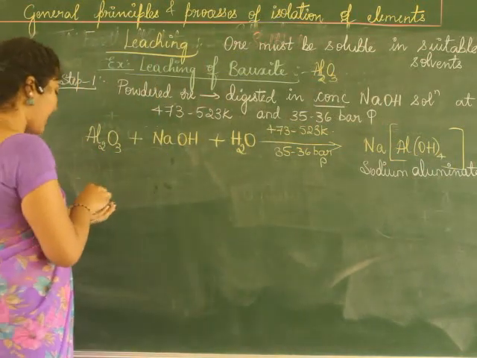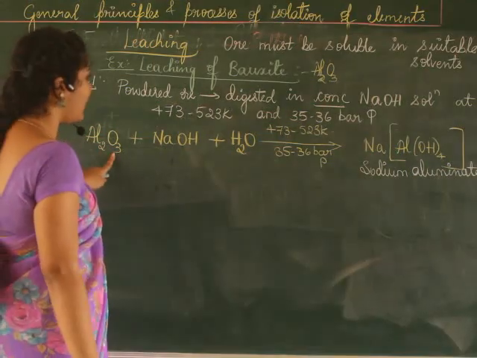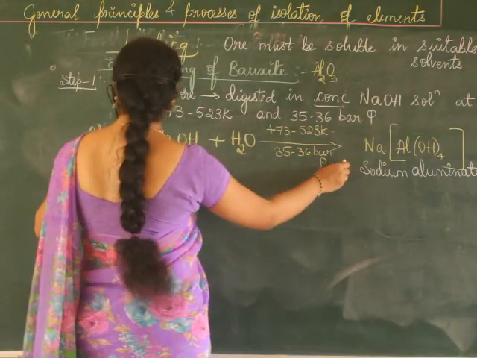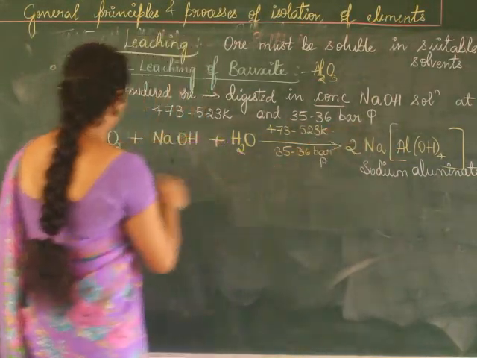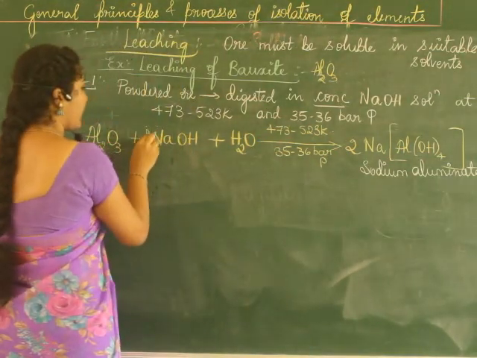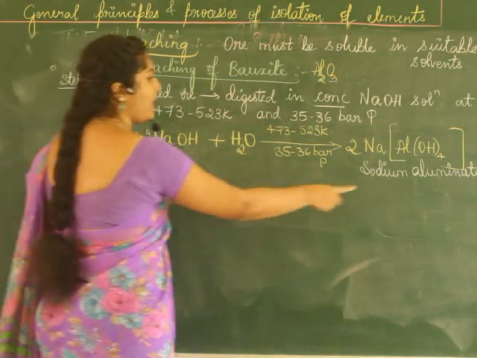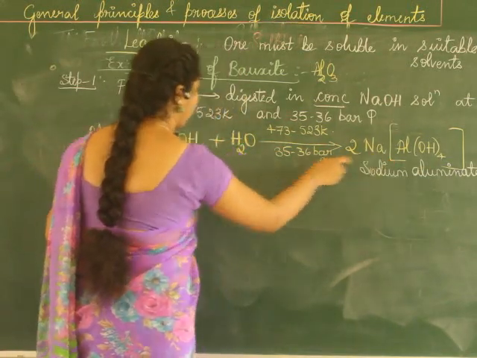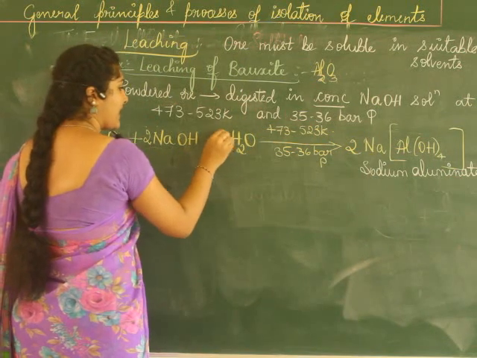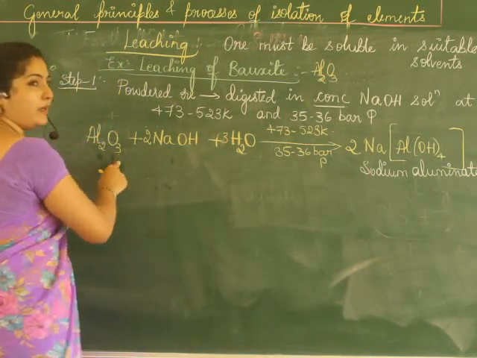Here just try to balance it. Though it's a common equation, here Al2O3, write 2 here, 2 aluminium. Here it is 2 sodium, so I'll write 2 here. Then to balance oxygen, here it is 4 twos are 8, so I'll make it 3 plus 2 plus 3.